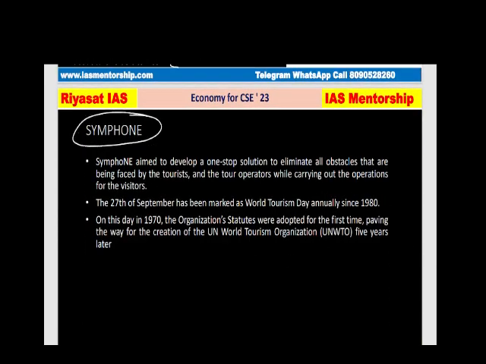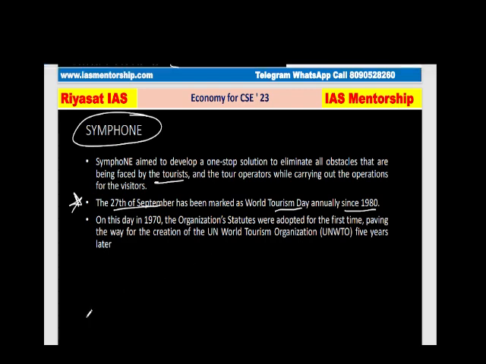Next is Symphony. Basically, what is it? Symphony will provide a one-stop solution and it will eliminate all the problems that are faced by tourists and the tour operators carrying out the operations for the visitors. Okay, this is the aim of it. Basically, remember this fact that on 27th of September, World Tourism Day is celebrated since 1980.